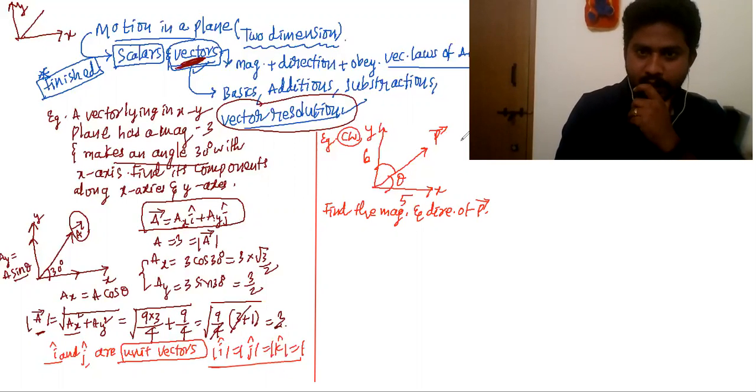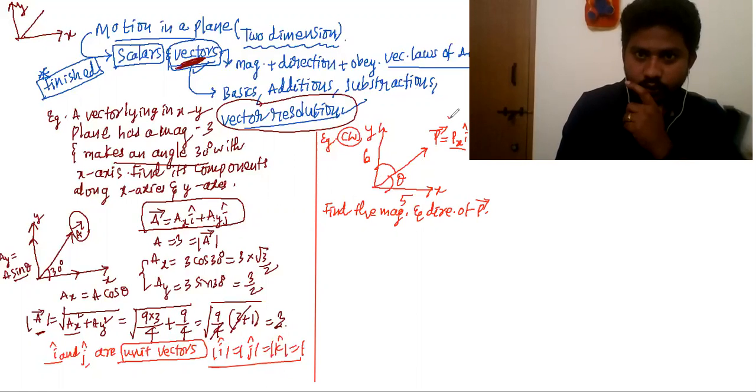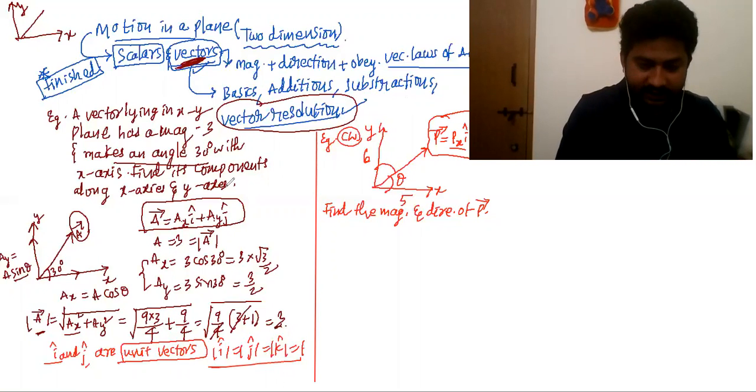So p bar can be written as px i cap plus py j cap. px is given as 5, py is given as 6. So you can find the magnitude and you can also find the direction. If you know this, direction finding is very simple, as we found in the previous case, where the direction is 30 degrees.